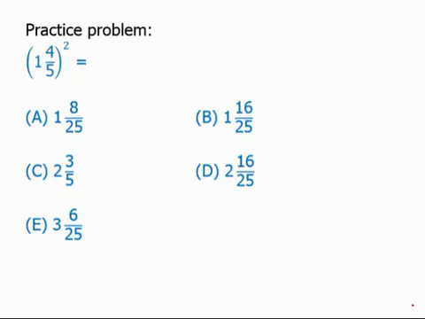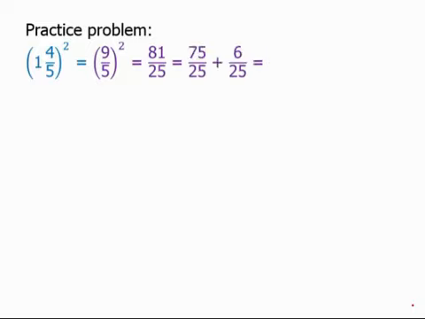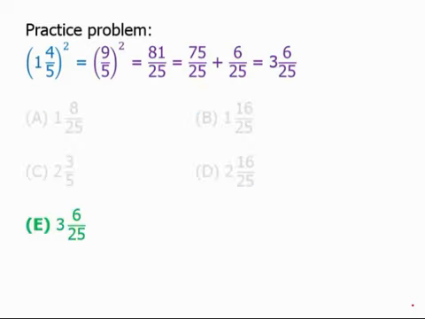But what we're going to do is change this to an improper fraction. Improper fraction, 9/5 squared, well, that's just 9 squared over 5 squared, or 81 over 25. Well, now that we have the answer, we'll rewrite that as a mixed numeral, 3 and 6/25. And look for that among the answer choices, and that's answer choice E.